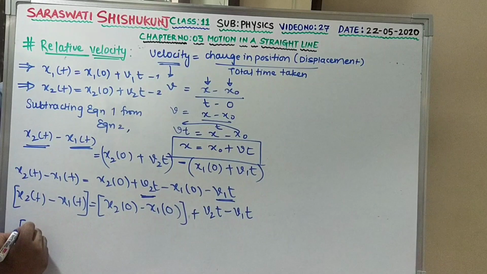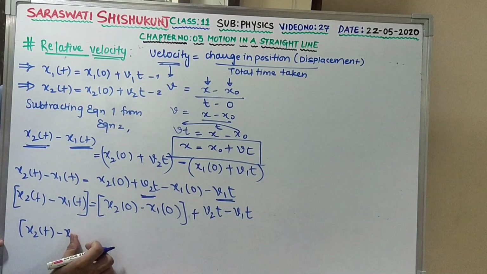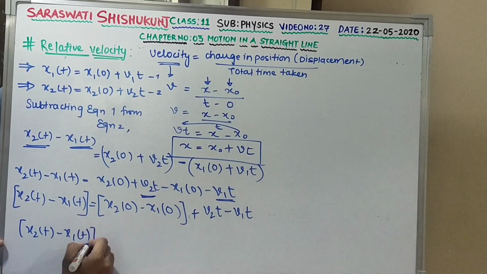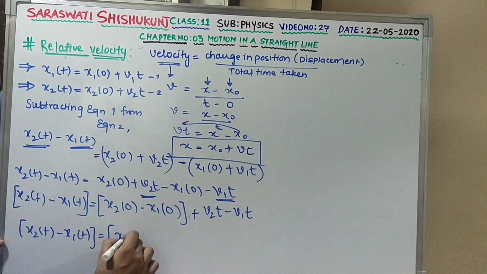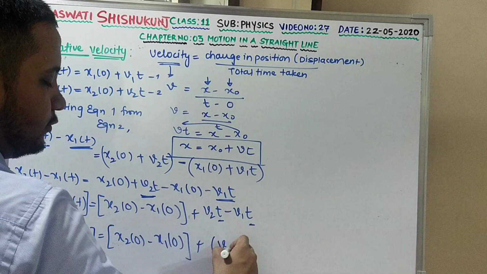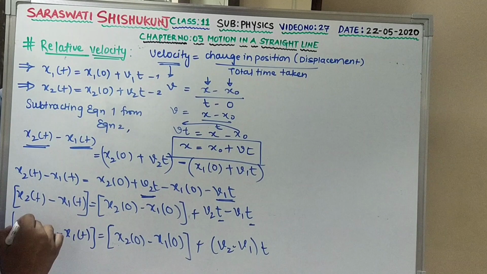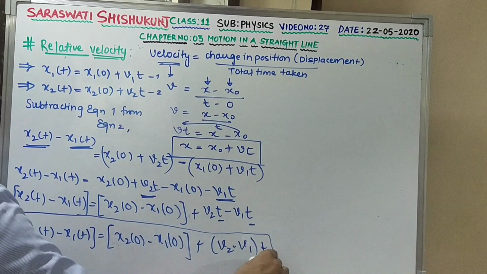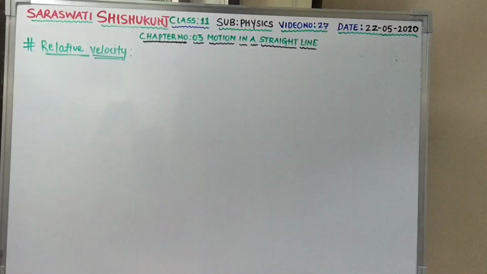To be more precise, x2t minus x1t is equal to x2 0 minus x1 0 plus, with t common, v2 minus v1 into t. Is this clear? Now moving ahead to the next statement.